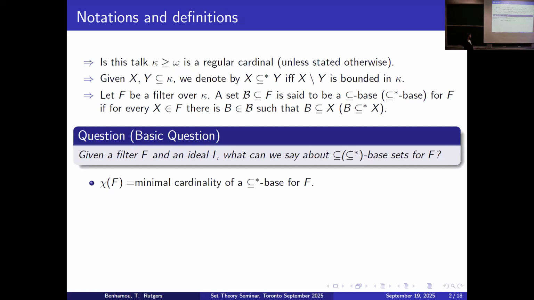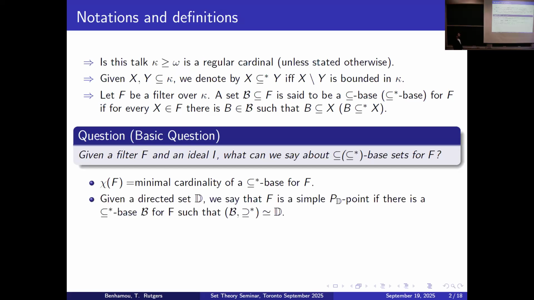This is called the character of F, or cofinality of F. Another, more precise question is what kind of other isomorphism types can be realized as a base for a filter F.